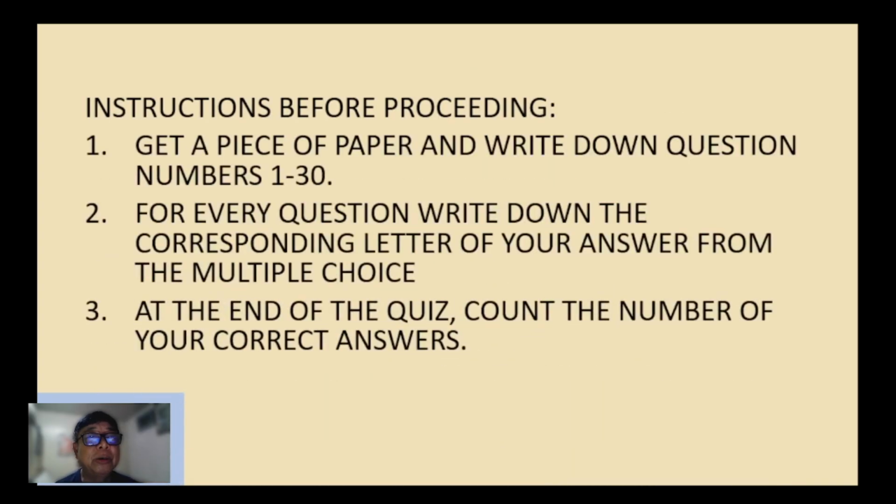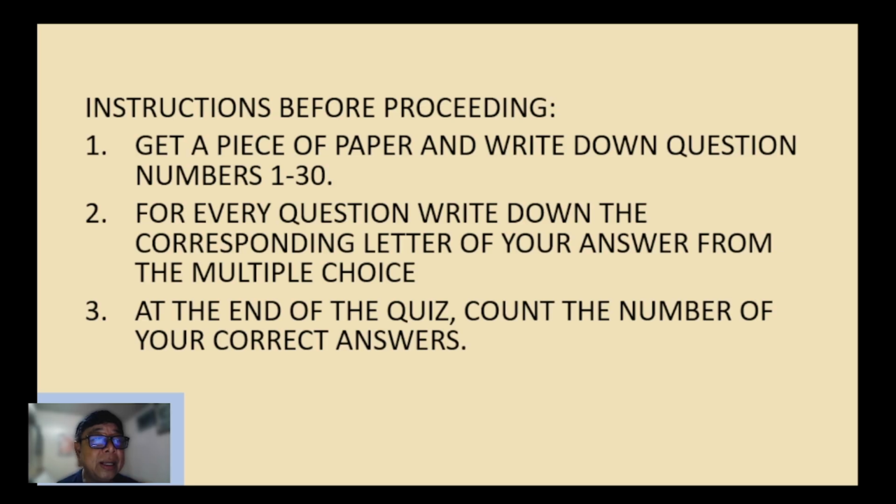So again, this is our instructions before proceeding with the quiz. It is advised that you get a piece of paper and write down question numbers 1 to 30 so that when you start the quiz, for every question, you can easily write down the letter of your best choice from the multiple choice.